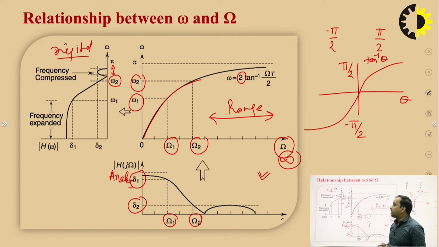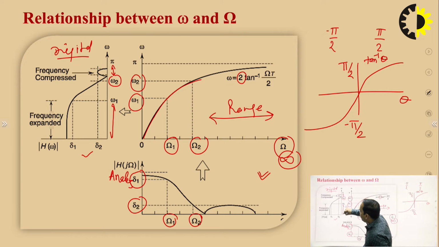This is basically the compression of frequency. The lower frequency components of the analog domain are expanded in the digital domain, as we can see from this figure, whereas the higher ranges of the analog frequencies are compressed in the higher range of frequencies in the digital filter.